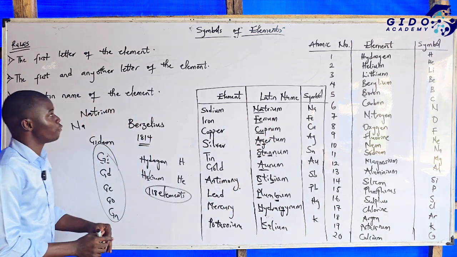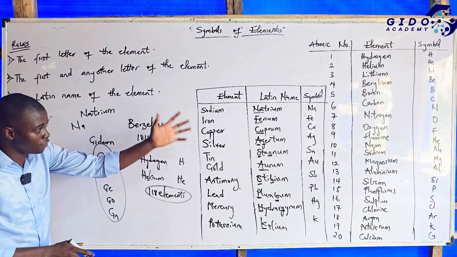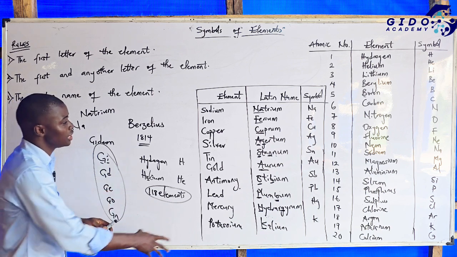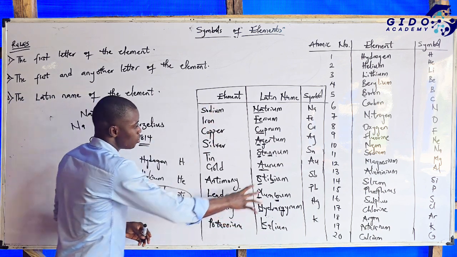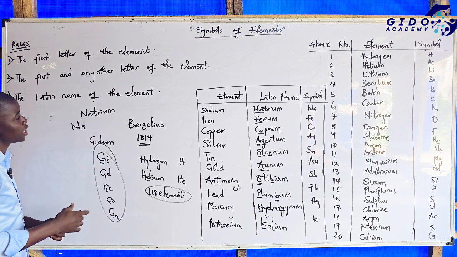So you are still going to fall back to the second law, which is you can use any of the letters, it must be the first letter and any other letter. Either you are using their normal names or you are using the what? The Latin names. The first law states that the first letter of the element must be in what?